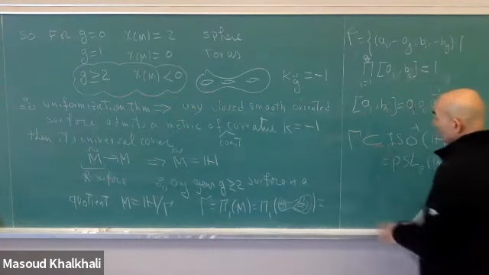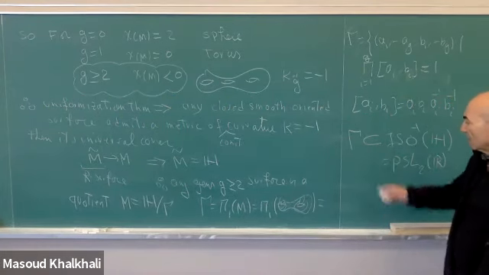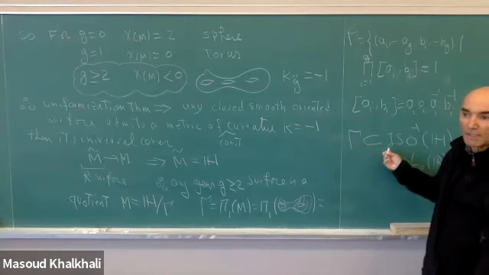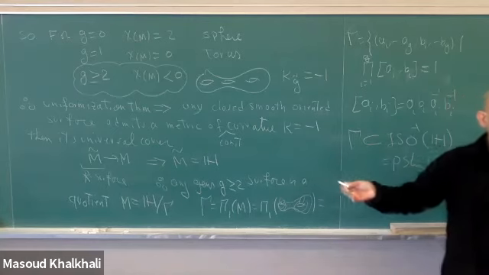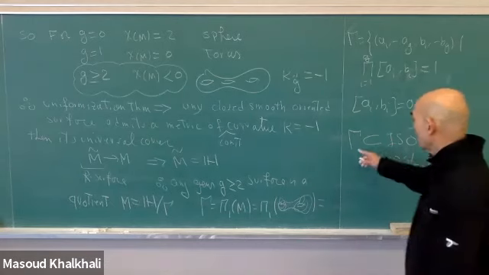Now, the converse is not true. It's not true that if you take any discrete subgroup, the quotient is going to be a smooth manifold, because that group may have torsion, may have non-trivial isotropy groups, and so there are conditions on gamma in general.